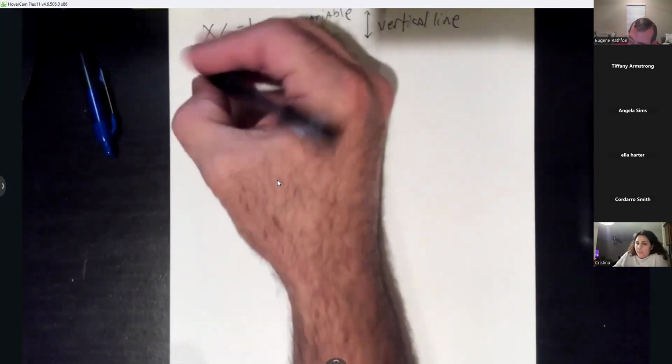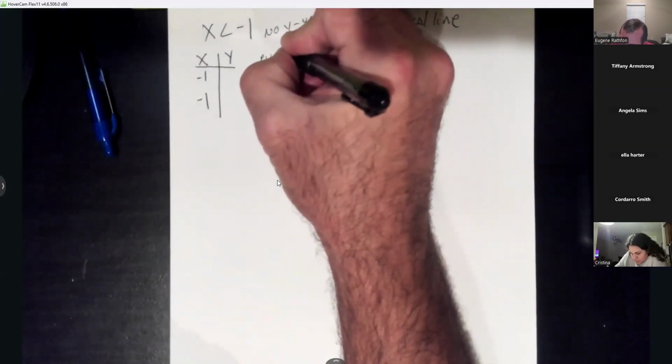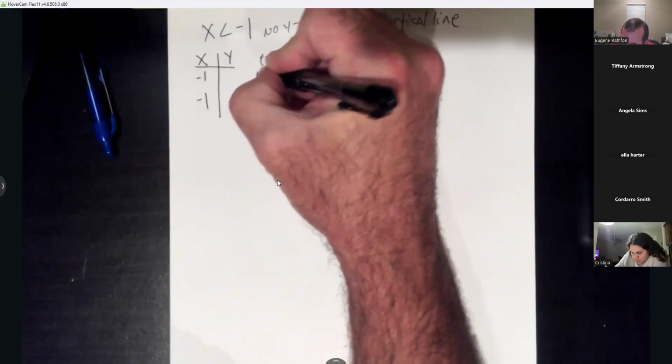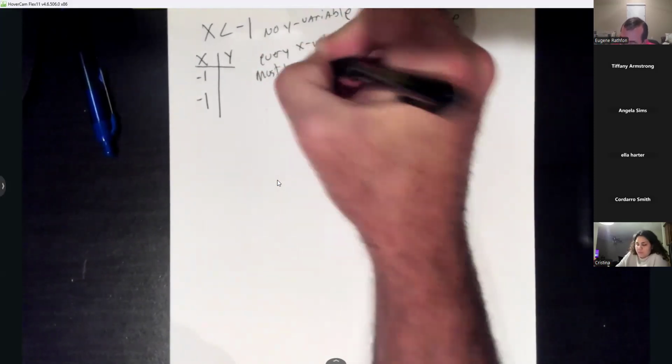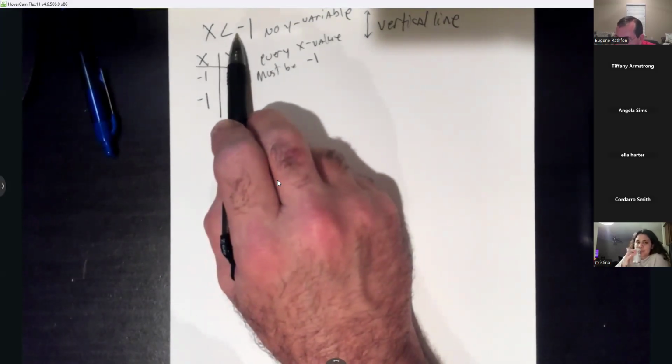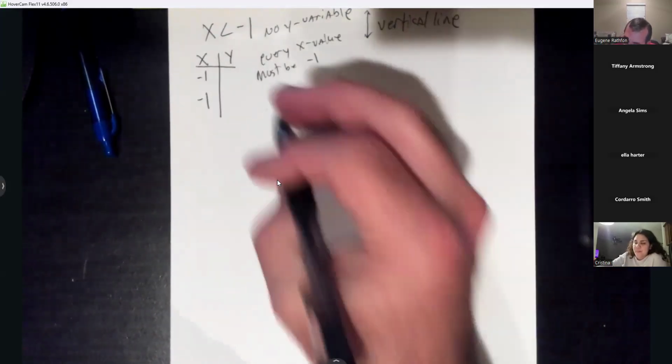Good job, Caleb. Every x value we pick has to be -1. So every x value must be -1. Because that's what this is really saying. X is equal to -1, y'all. So that means all the x's have to be -1.